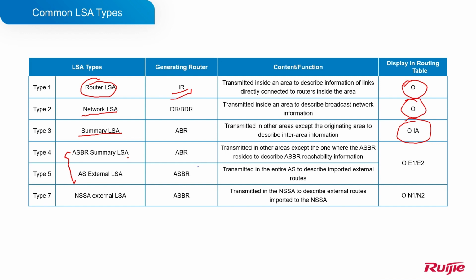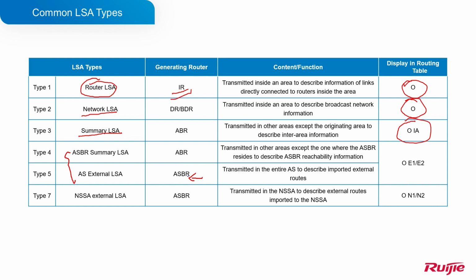Okay. So next is type 5. Type 5 is the AS external LSA information. The type 5 LSA information is generated by the ASBR device. So on the ASBR device we do the redistribution.